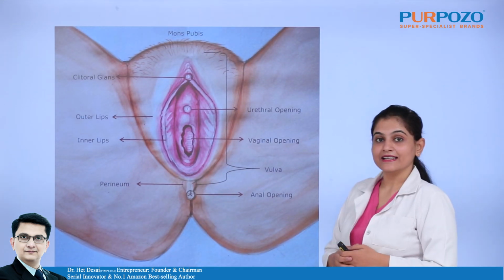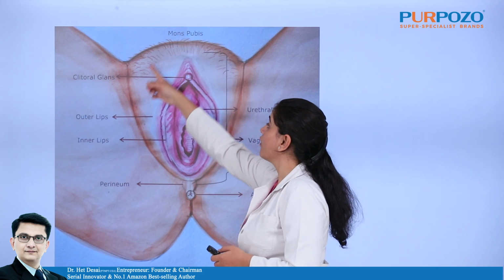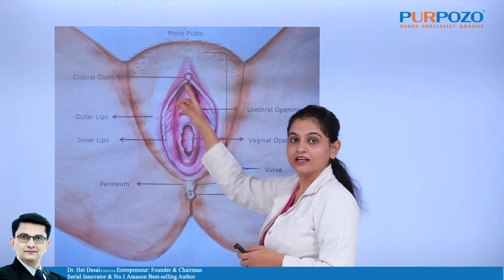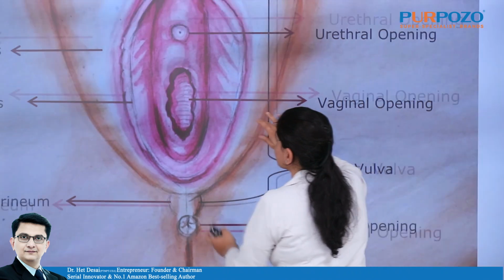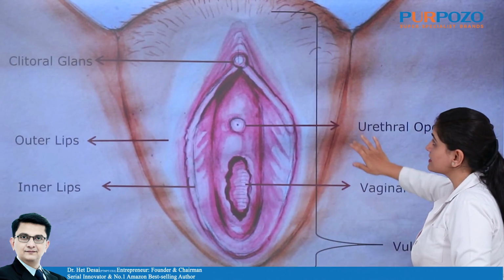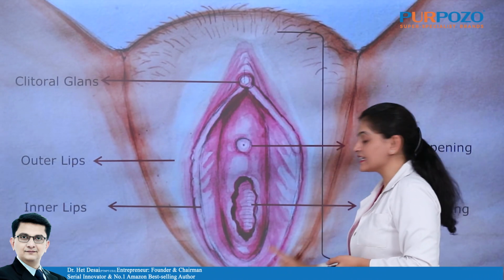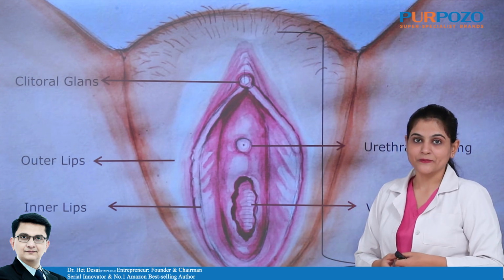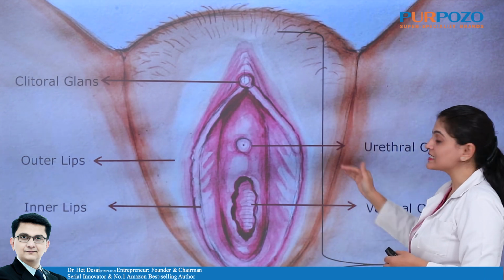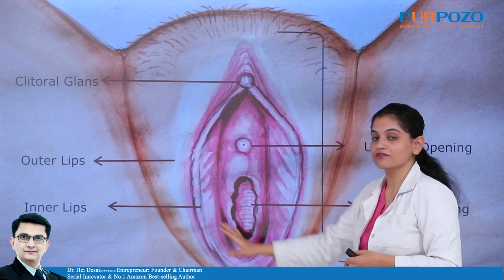The first is your whole genital area. In this image, if I just zoom in, this is the genital area, or you can say the private part of a female, and there are multiple structures in your private part.